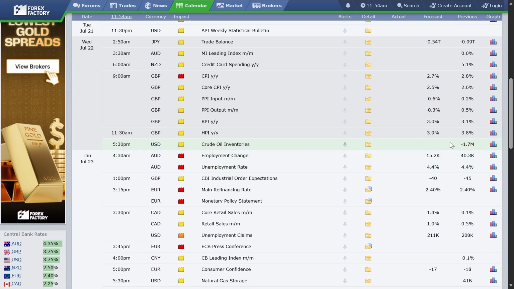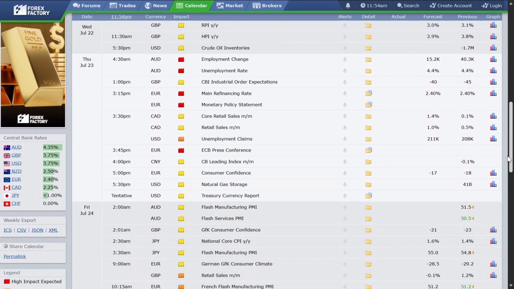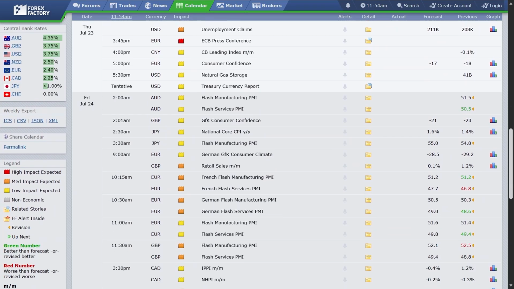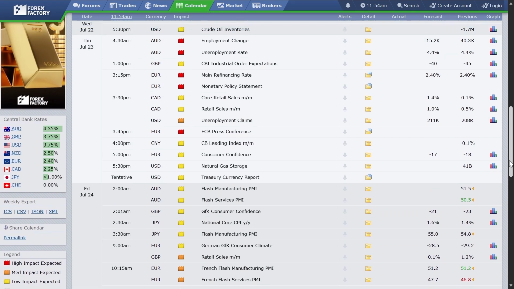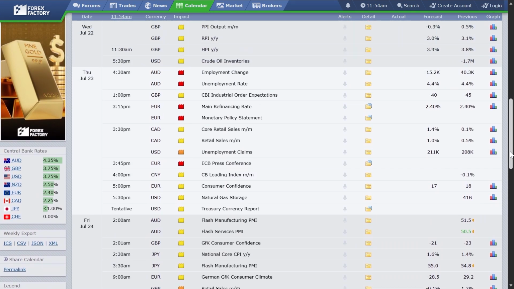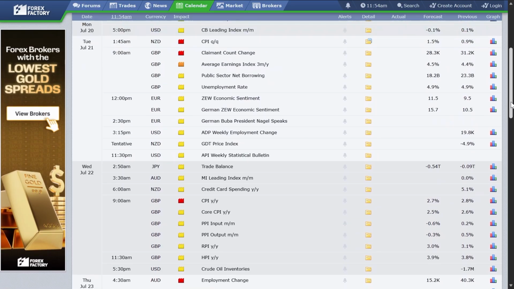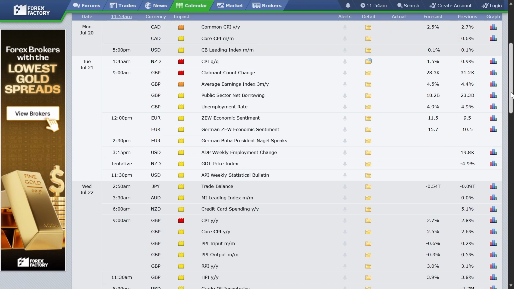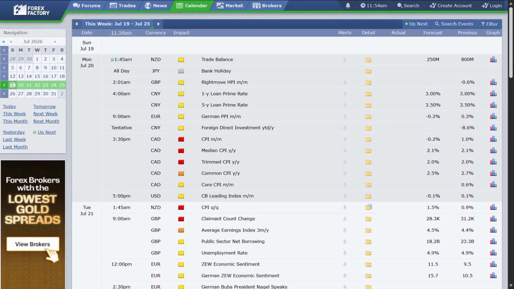On Tuesday, we have API weekly statistics. Then we have crude oil on Wednesday. Thursday, we have natural gas. And on Friday, new home sales. So literally, on the US side we don't have high impact news next week, but that doesn't rule out that we'll have some news, which always influences some market moves.